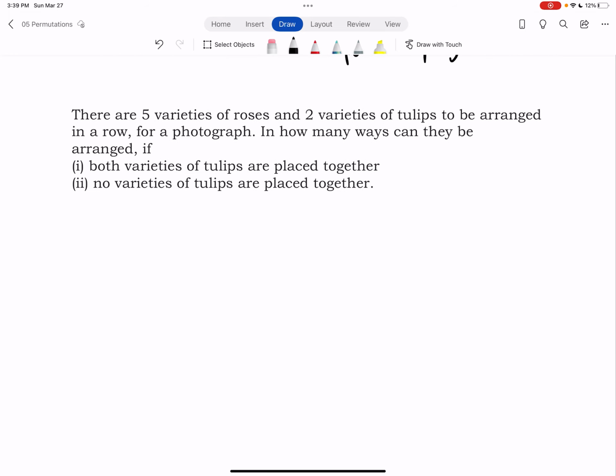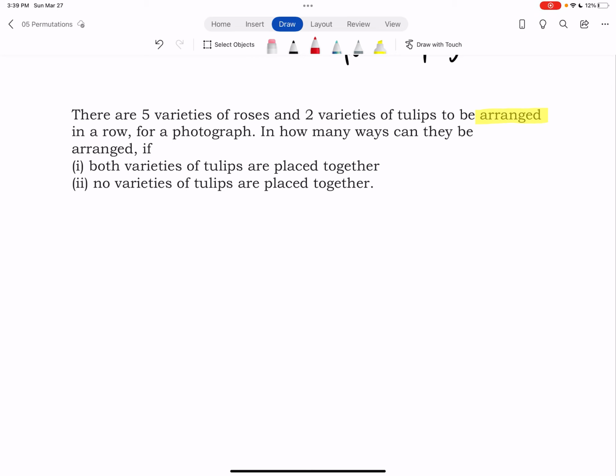There are 5 varieties of roses and 2 varieties of tulips to be arranged in a row for a photograph. In how many ways can they be arranged if both varieties of tulips are placed together, and then again if no varieties of tulips are placed together? So what we're going to do is we're going to arrange all 7. And in some of those arrangements, the tulips are going to be together, and in other arrangements, they're not going to be together, right?